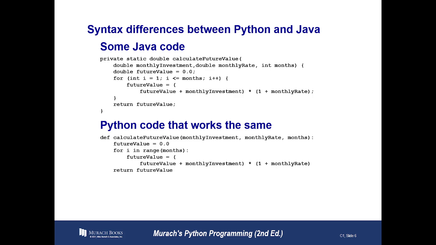So in the for loop, you see future value is indented 4 characters. You can use the tab key if you want, and there's no closing entity to say that that's the end of the function. It just kind of hangs out there. So again, no semicolon.